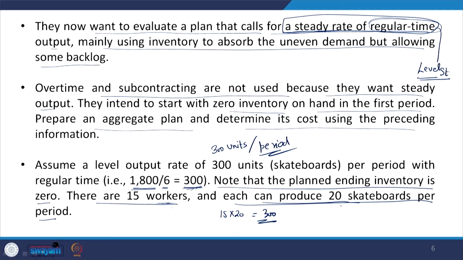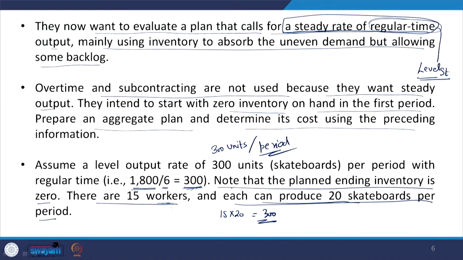So, one worker is making 20 skateboards in a period. If you remember our assumptions, period to period there may be different numbers of holidays, there may be different reasons for relaxations, but for the sake of simplification of calculation we consider that the rate of output is constant per worker.